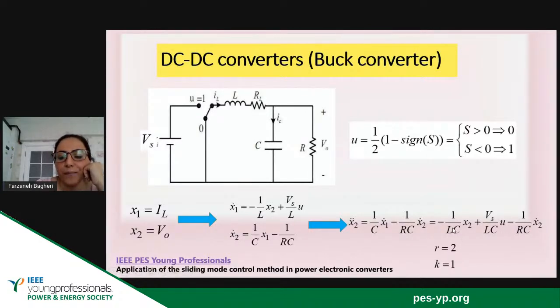As you can see, this equation is a second order equation. x2 is the output voltage, so we can say that the degree of our equation is 2, or r is equal to 2. If you remember, for designing the conventional sliding function, k should be equal to r minus 1. So k is equal to 2 minus 1, which is equal to 1.